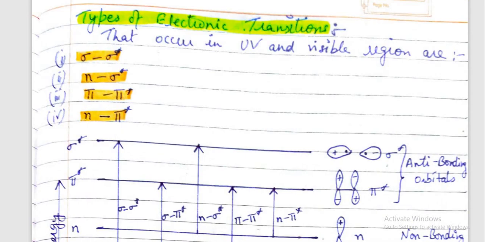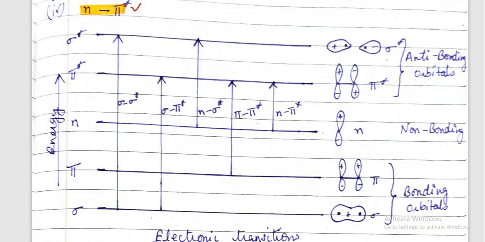Next, now that we know about the solvent, we must know the types of electronic transitions in an organic compound. There are 4 types of transitions: sigma to sigma star, n to sigma star, pi to pi star, and n to pi star.